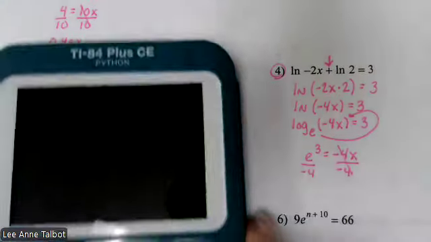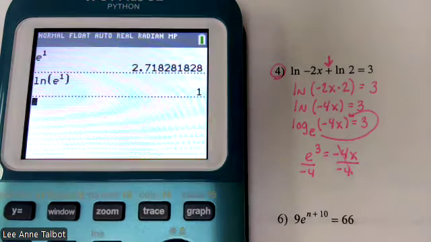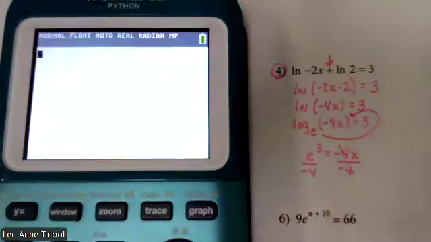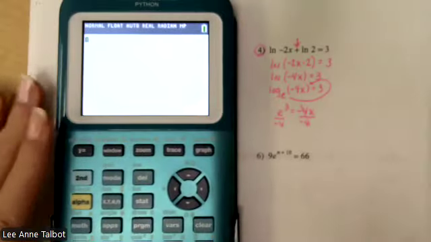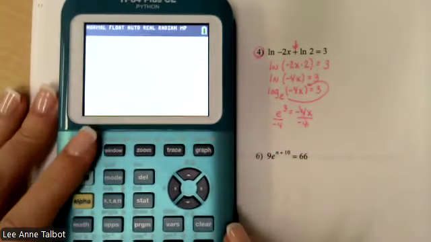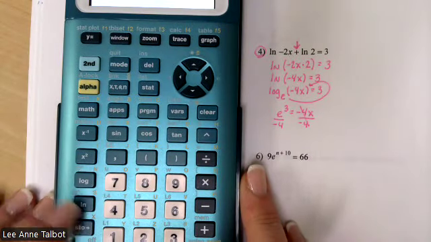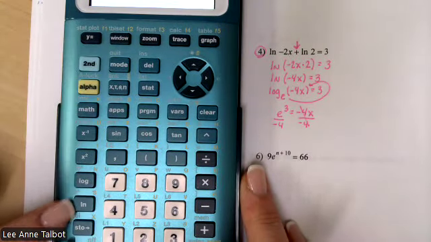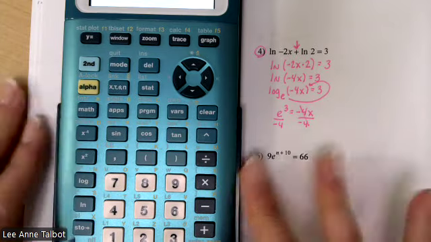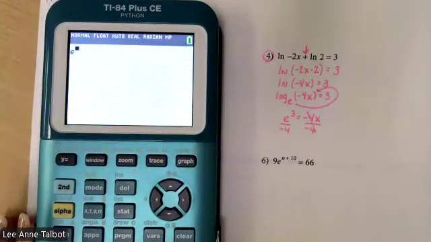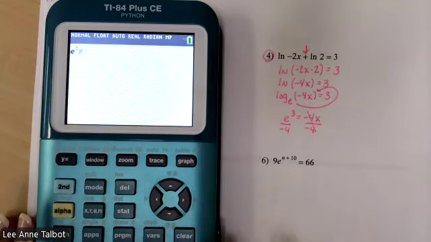Okay, now make yourself do this on the calculator. I don't want to get 75 questions about it. So you go second natural log. Second natural log is right below the regular log, to the third divided by negative 4.